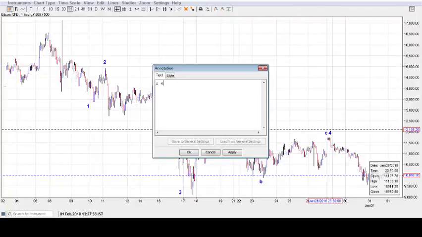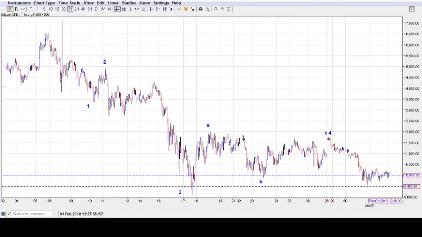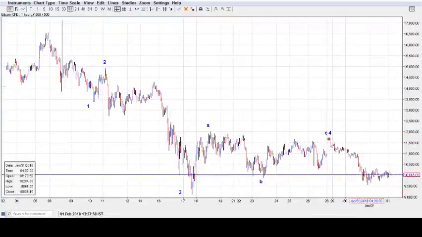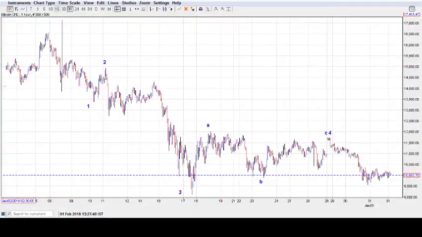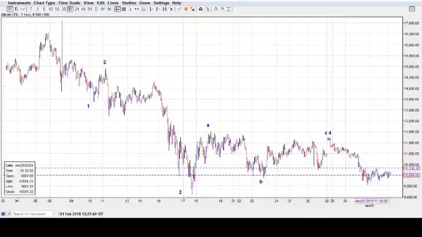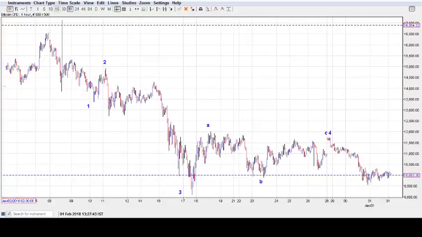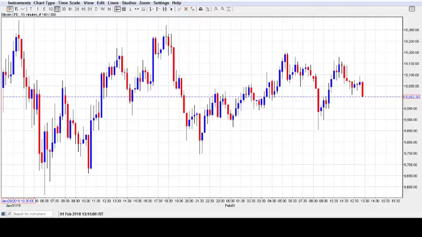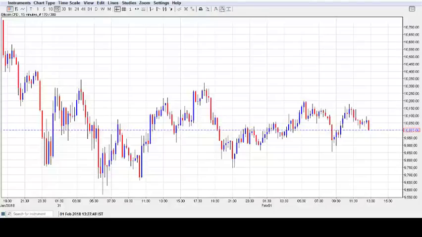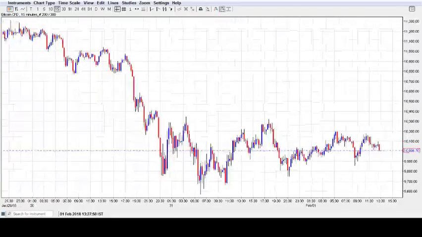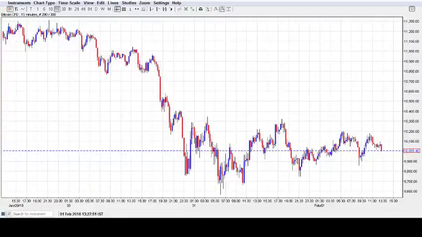So let's put up a simple ABC here. That could be wave 4, and the last wave is kind of being worked upon. If you look at the 15 minutes chart, this wave should also unfold into 5 waves, right? So that's the beauty. How do you tackle these scenarios?